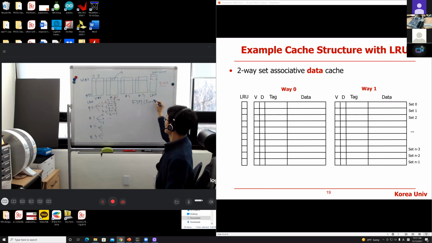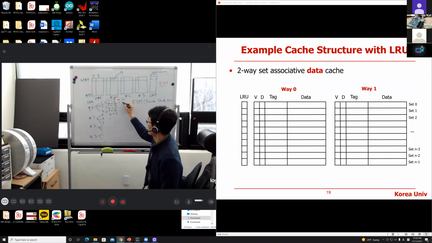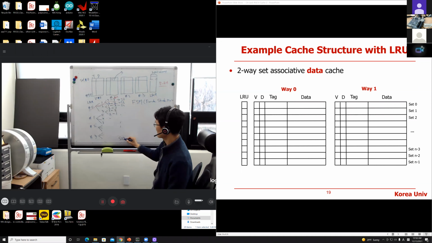Finite state machine. Okay, say this access history, let's call this S0. And second, call this S1, state 1. S2, then until S23. So you have 24 different states.